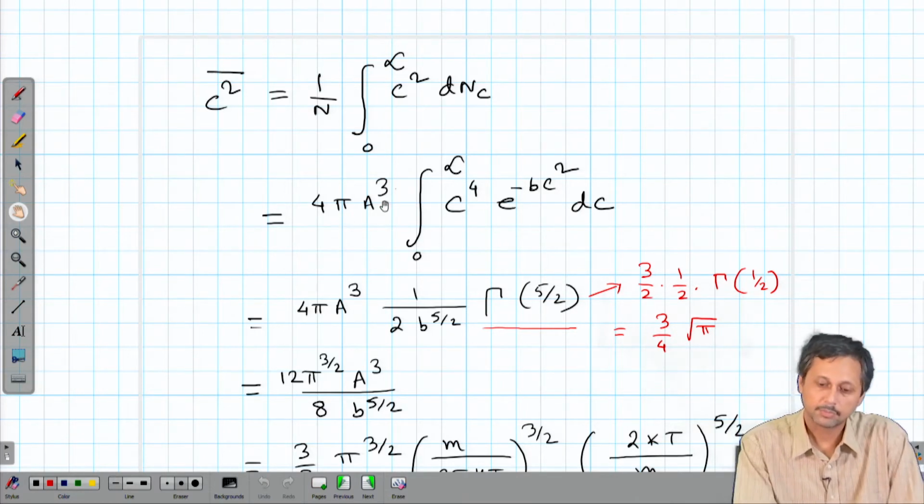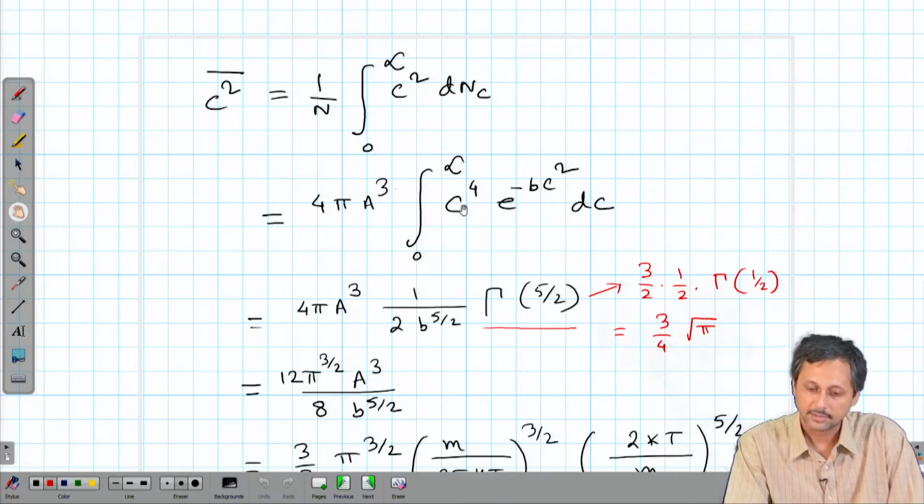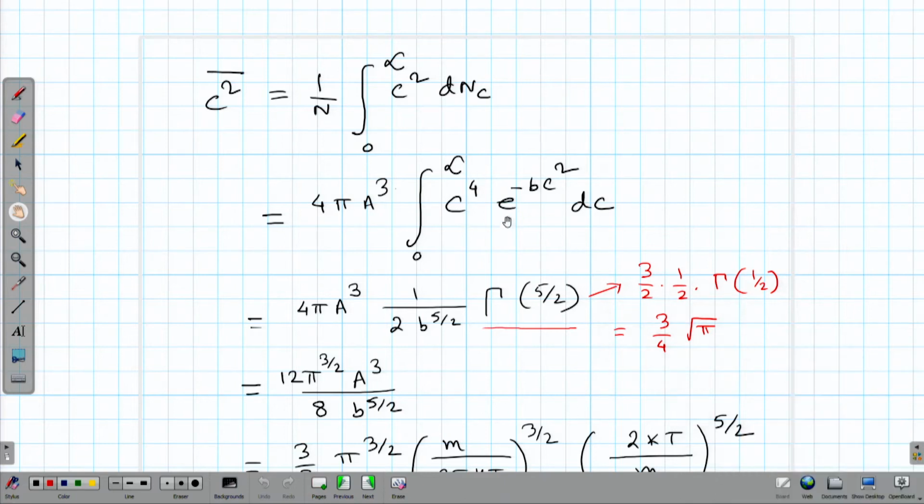So, we write 4 pi a cubed, and this integration becomes e to the power minus b c squared dc. Right. So, here you see the power of c has increased. So, the gamma function will be 1 by 2 b to the power 5 by 2 gamma 5 by 2. Now, gamma 5 by 2 is nothing but 3 halves times half times gamma half, and gamma half is nothing but root pi, right.